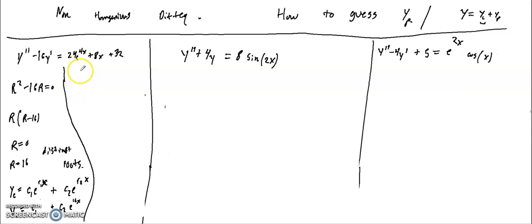So our guess, we'll just say generally, we know that e to the 4x will stay the same, and we'll have some constant in front. And our guess is just y_p equals a e to the 4x, plus some constant b times x, plus some constant c.